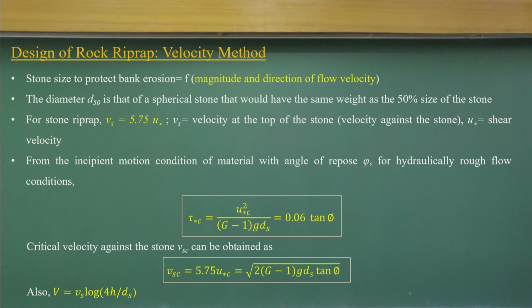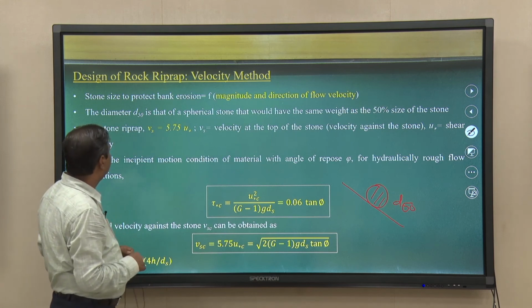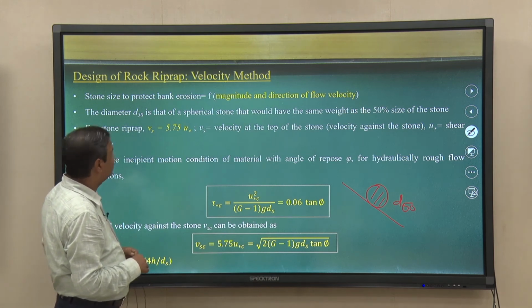The concept comes the same way, if you consider a D50 value, the 50% finer particle size distribution diameter.